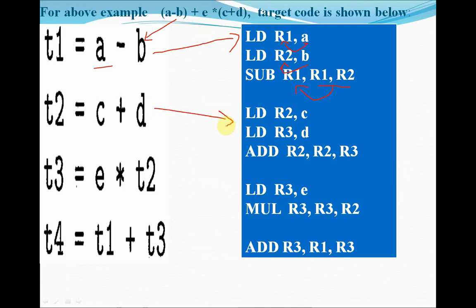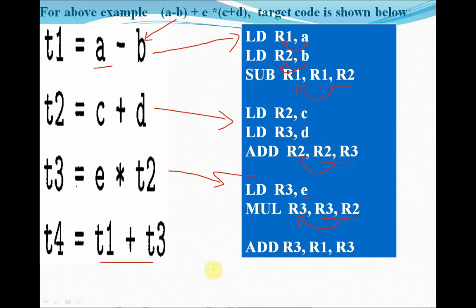Translate the second statement, T2 equals C plus D. Load C into R2, load D into R3, add R2 and R3 and store the result into R2. Next, the third one, E times T2. Load E into R3, and T2, meaning C plus D, is already in R2, so use that. Apply multiplication between R3 and R2 and the result will be loaded into R3.